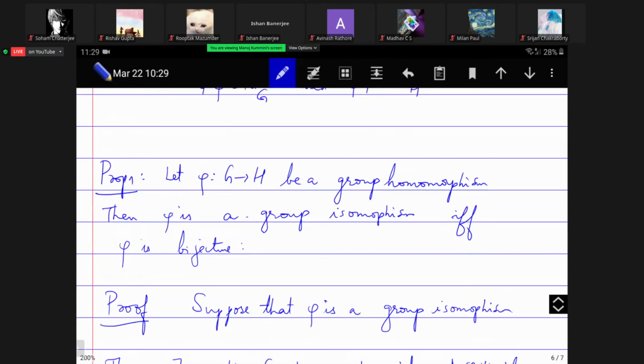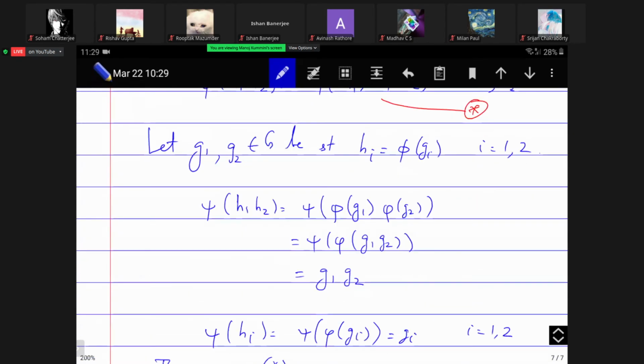If you're given a group homomorphism, and if you can independently check that it is bijective, then it is automatic that the inverse function is a group homomorphism. So maybe let me add that as a remark here.